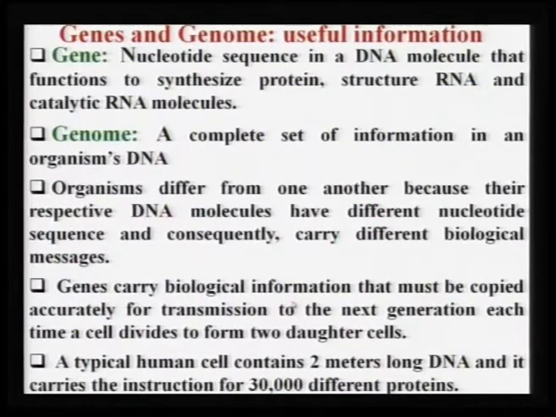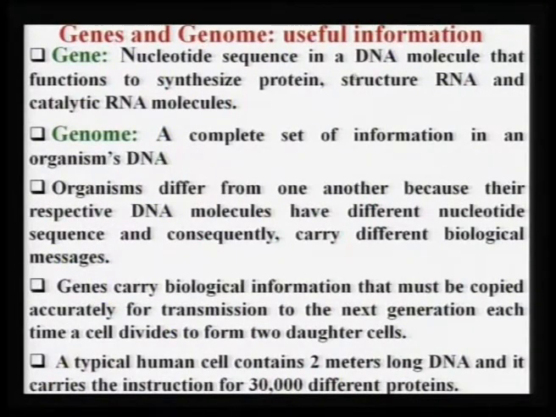Now, as differentiation is known as differential gene expression or differential cell functionality, we should first know what a gene and a genome are. This slide provides some useful information. A gene is a nucleotide sequence in a DNA molecule. DNA stands for deoxyribonucleic acid.